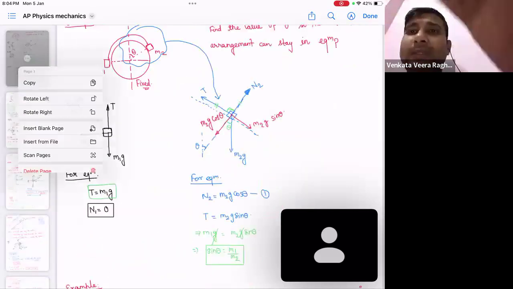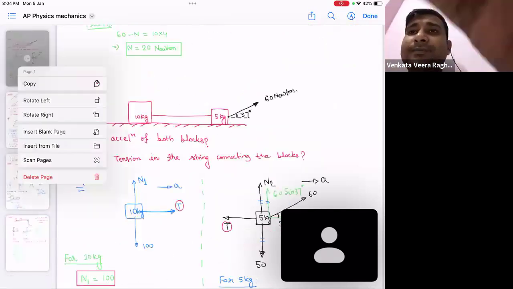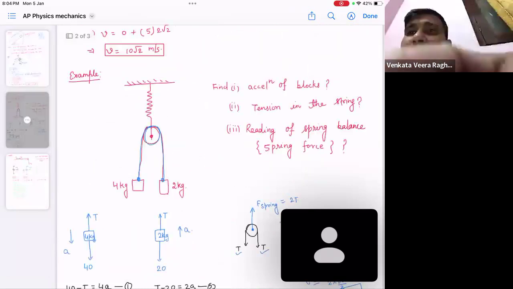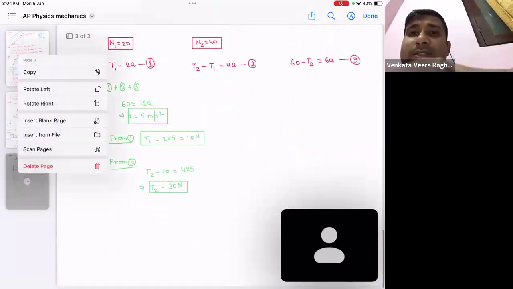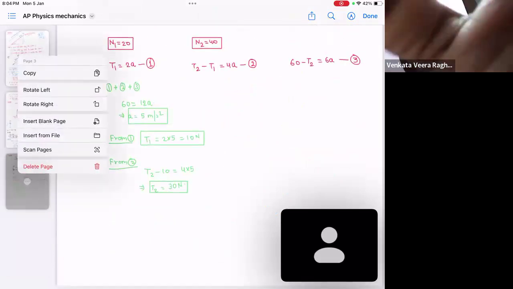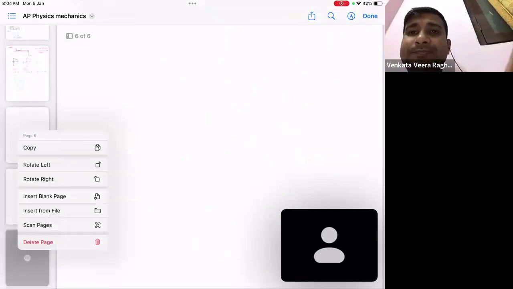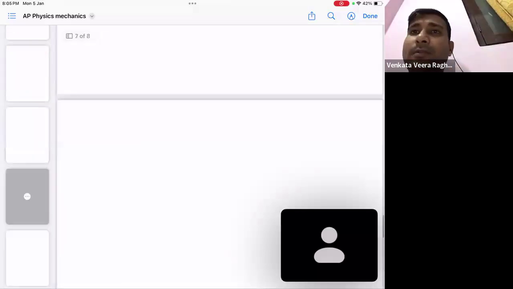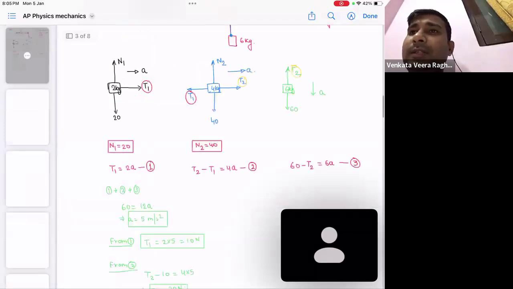Combination of springs, equilibrium condition we discussed, isn't it? And accelerated motion was the last thing we discussed in this chapter. Let's continue now. So these are the forces we have discussed, isn't it?